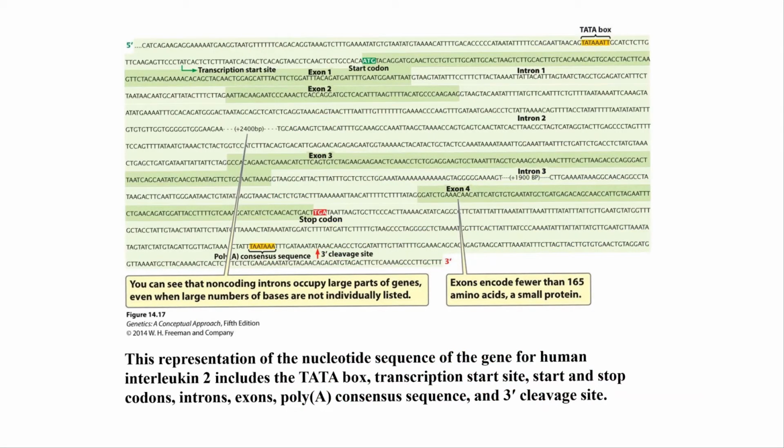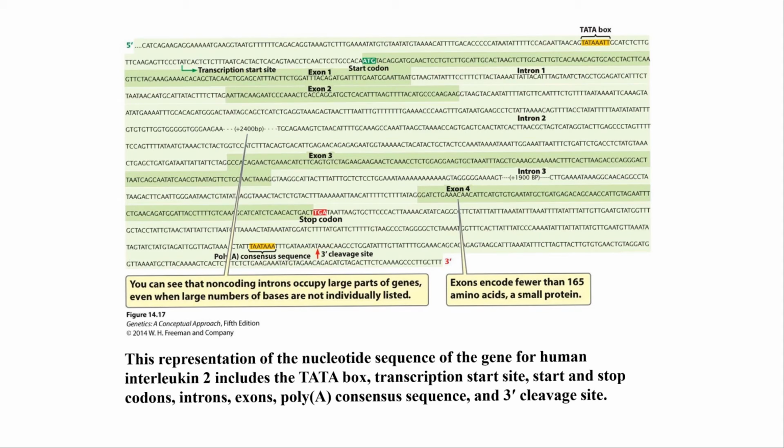In these last slides of this segment, I would like to show you a representation of the nucleotide sequence of the gene for human interleukin-2. IL-2 is a cytokine produced by activated T lymphocytes, which is important for their survival and proliferation. So it plays a very important role in immune responses.